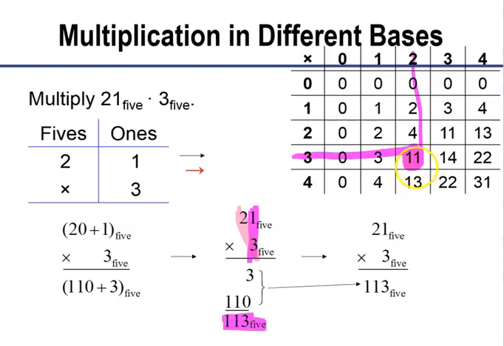Don't read it 11, it's 1, 1, which means 1 5 and 1 unit. And then, since it's scooted over, it's times 20, like we have here, or 2, 0. It'll be 1, 1, 0. And then we can add down and get 1, 1, 3 base 5.